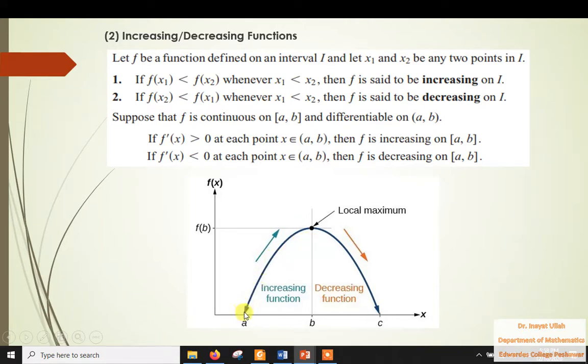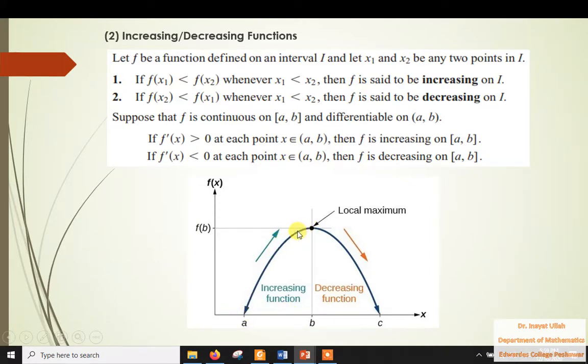and we see that this graph goes up from here up to there. It is increasing from here up to there. The height increases. So this function is increasing from a to b, from x equal to a up to x equal to b.